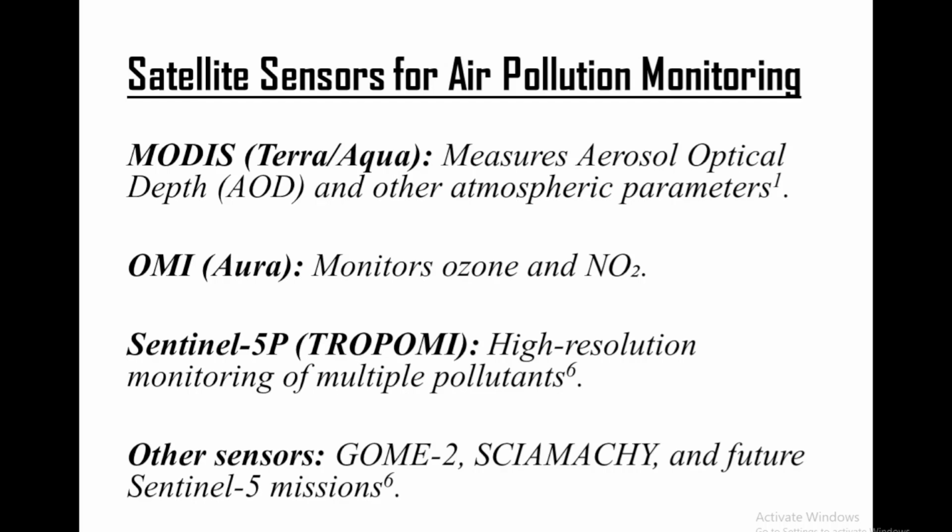Another major contributor is the OMI sensor, ozone monitoring instrument, which is on board NASA's Aura satellite. This ozone monitoring instrument will detect ozone, nitrogen dioxide, and sulfur dioxide along with aerosol index with global daily coverage.